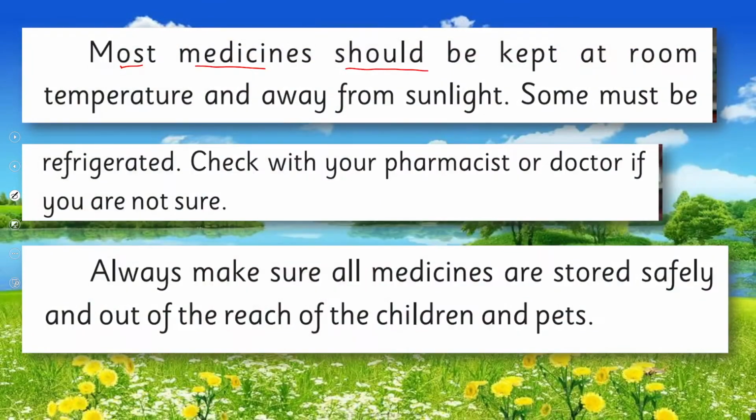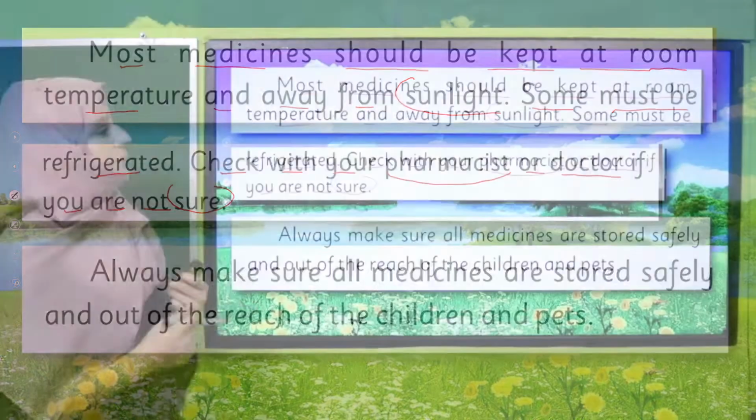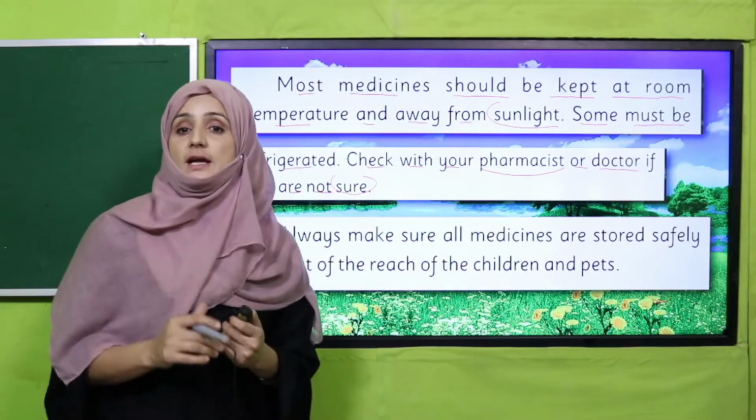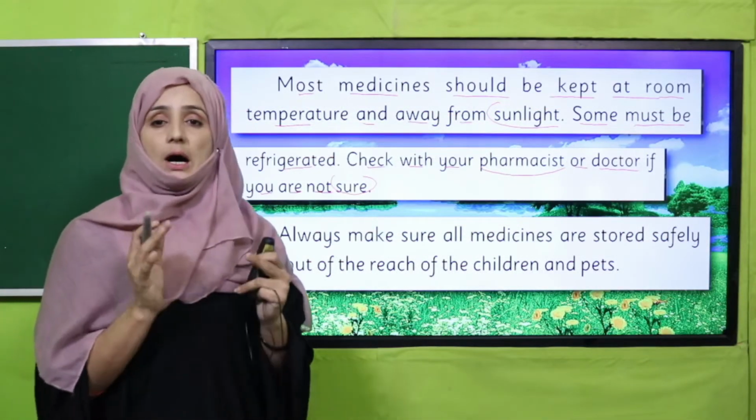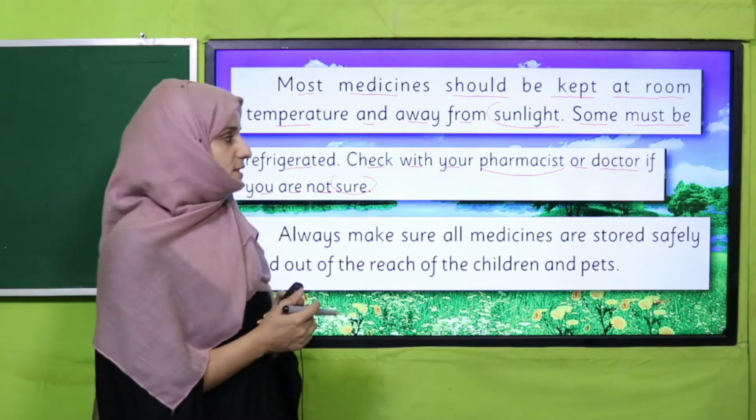Most medicines should be kept at room temperature and away from sunlight. Some must be refrigerated. Check with your pharmacist or doctor if you are not sure. In this paragraph, they are telling us where we have to keep our medicines and how we can save them.